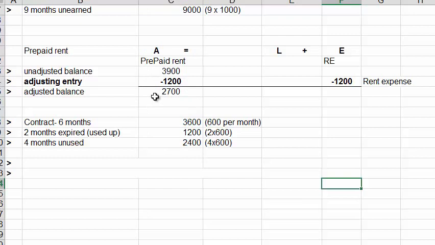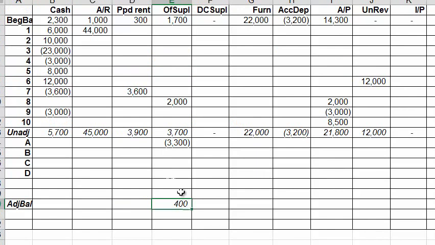What did we say we wanted to have as the correct balance in the prepaid rent account? Well, down here, it's 4 months, $2,400. So why is this $2,700? Well, the key is that the unadjusted balance in the account wasn't the $3,600 that we paid. It was the $3,600 that we paid during year 3, plus, if you go back and take a look at our earlier work, there was a $300 balance in the prepaid rent account before the accounting period began.